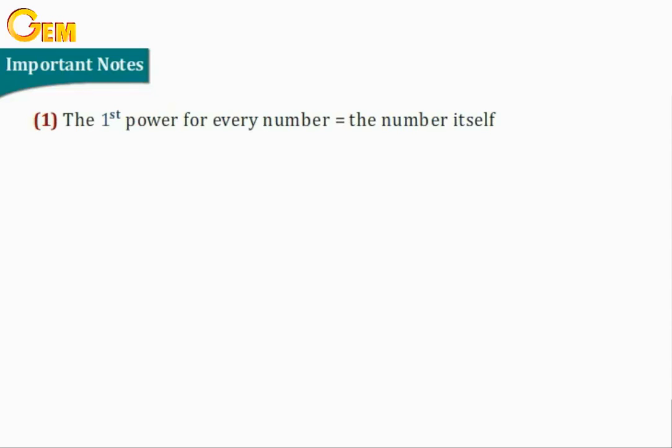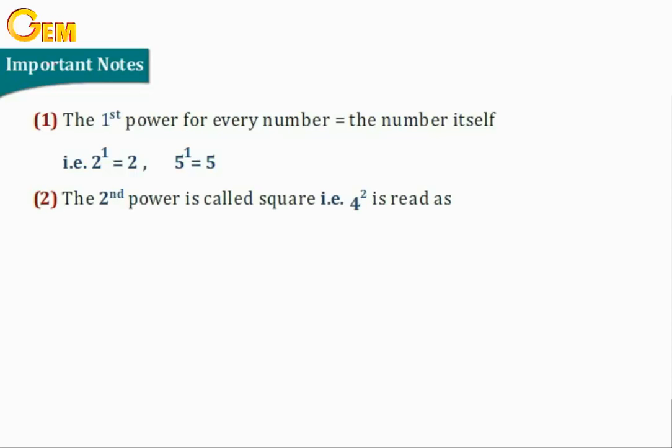Important notes. Number 1. The first power of every number equals the number itself. That's to say, 2 to the power 1 equals 2, and 5 to the power 1 equals 5. Number 2. The second power is called square.